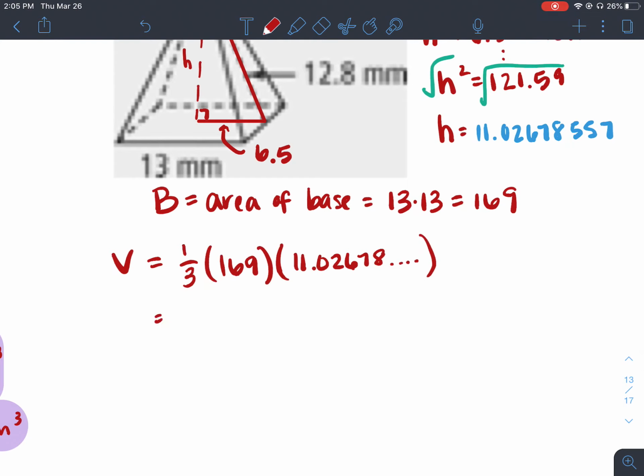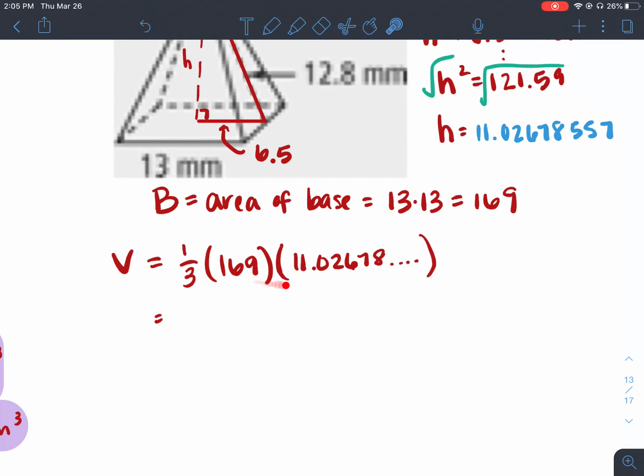And when I type this in, I can deal with that 1/3 a couple different ways. I can type it in as that natural fraction. We talked about that a little bit before we went on break, where you hit alpha y equals on those graphing calculators, and then it's your first option. You can do 1 divided by 3, and then arrow out of the fraction and then multiply by 169 times your answer.